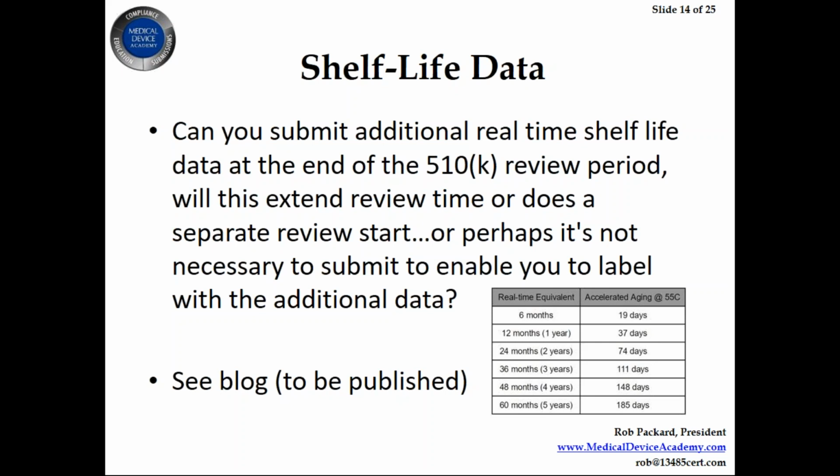If you don't have any shelf life data, though, you will get it rejected, and they're going to ask for some information. So if you have nothing, go for 6 months, and then in parallel with the review, get your 12-month, your 24-month accelerated aging data. And it's always advised by labs that are doing this and have been there and done that before to pick a midpoint.